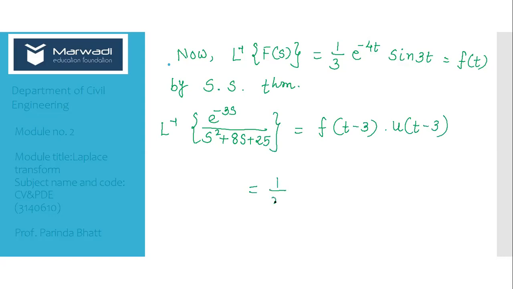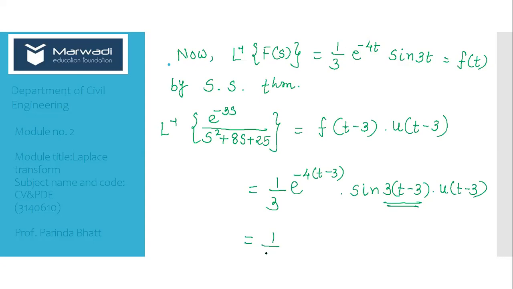Now, 1 by 3 as it is, e raised to minus 4 in place of t minus 3, sine 3 in place of t minus 3, and u of t minus 3. Okay, now this 3 is multiplied inside. Therefore, 1 by 3 e power minus 4 into t minus 3, sine of 3t minus 9, u of t minus 3. Right? This is the answer of this question. Okay, everyone? Quickly note it down.